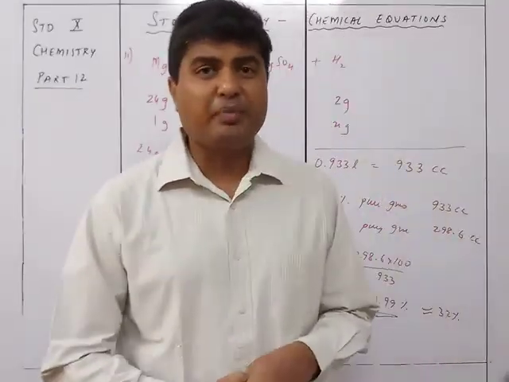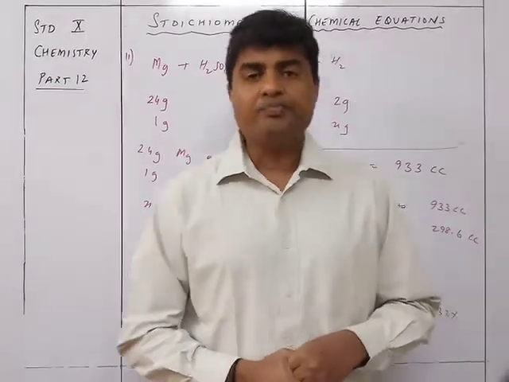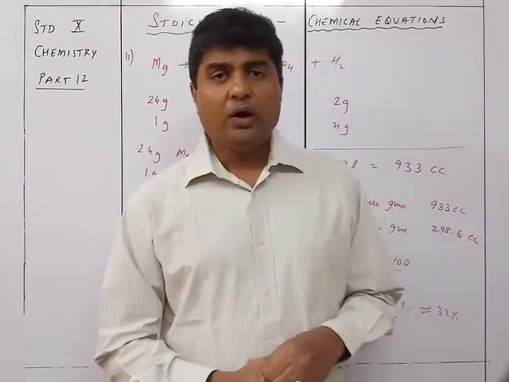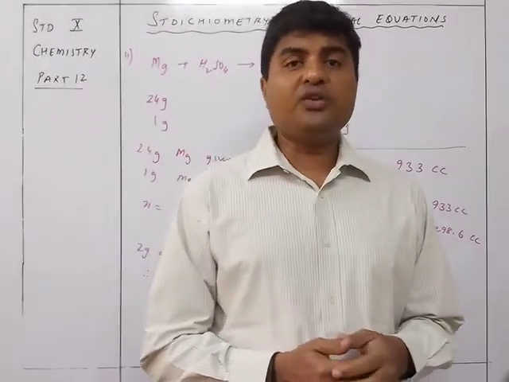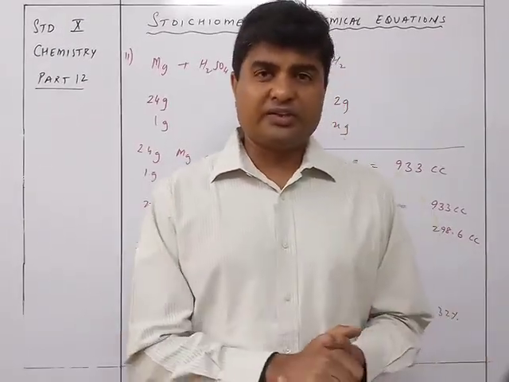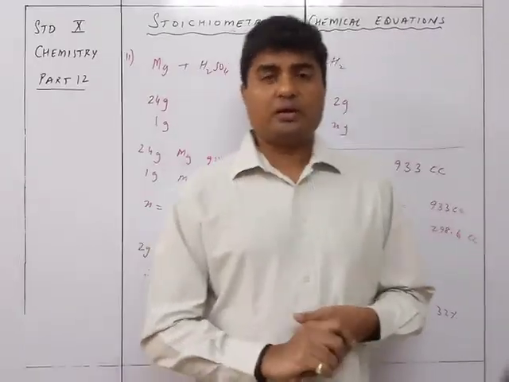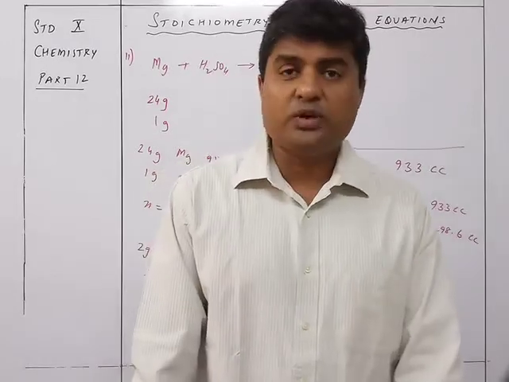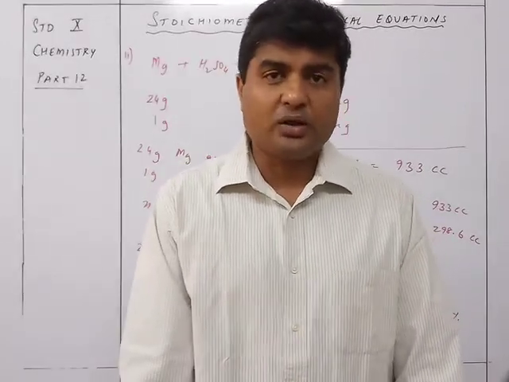As I told you, it is minimum 10 marks. Stoichiometry is approximately 10 marks of your 80 mark paper, and at least 5 marks will be from the compulsory section. So that's quite a good amount of marks. So see to it that you are not leaving stoichiometry at all.